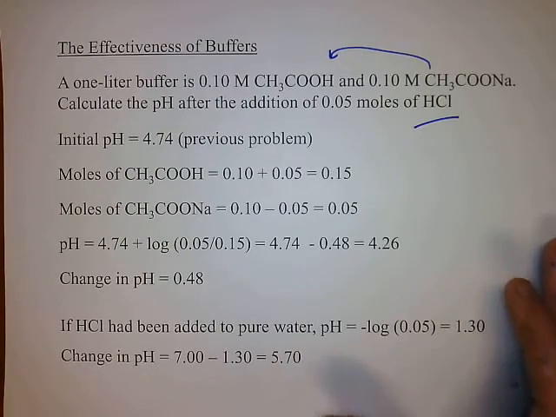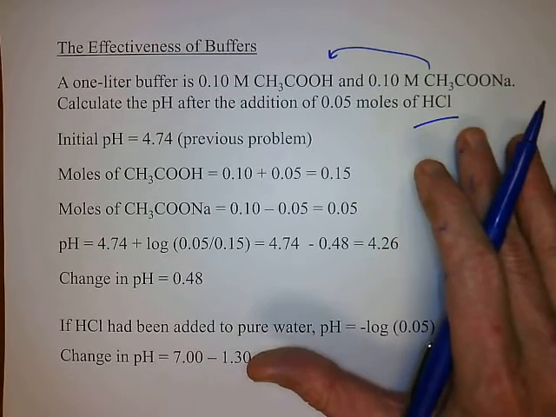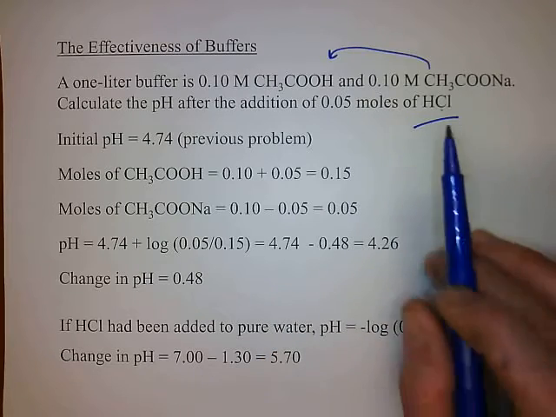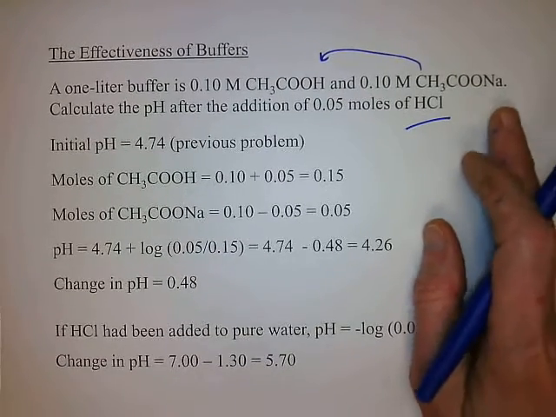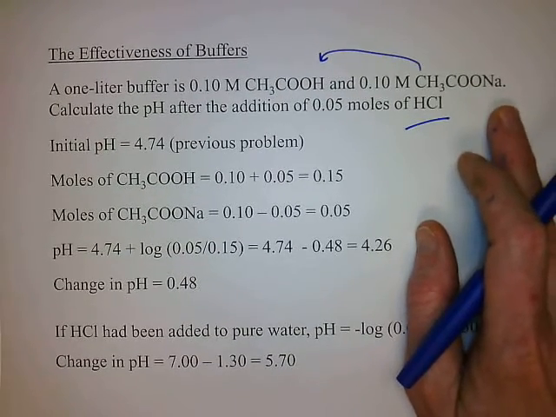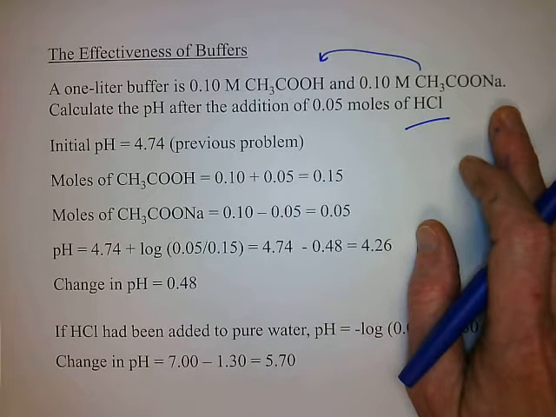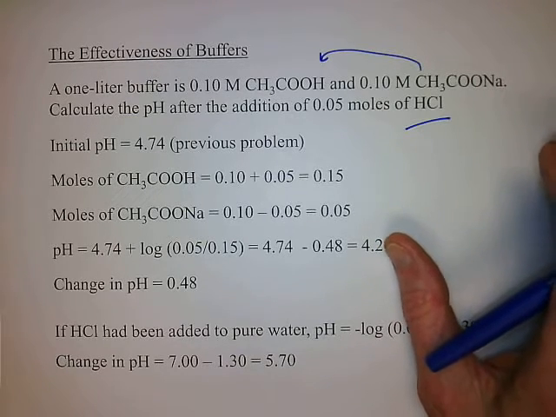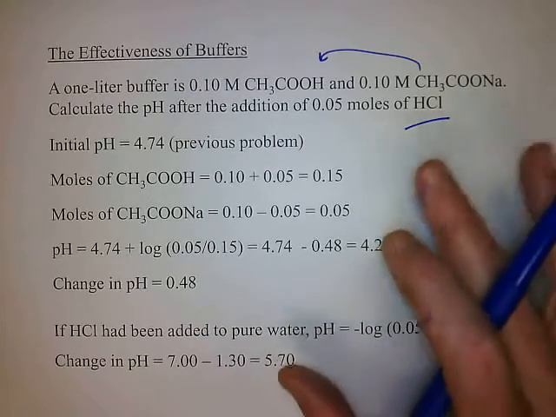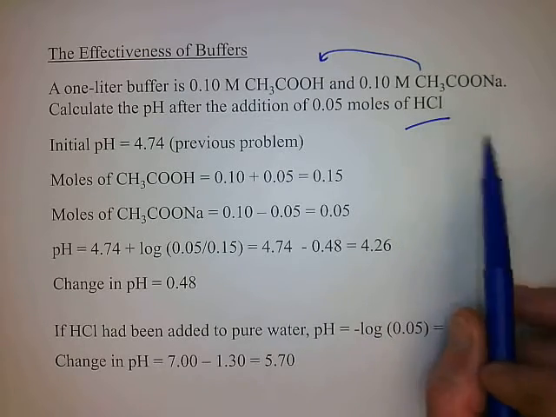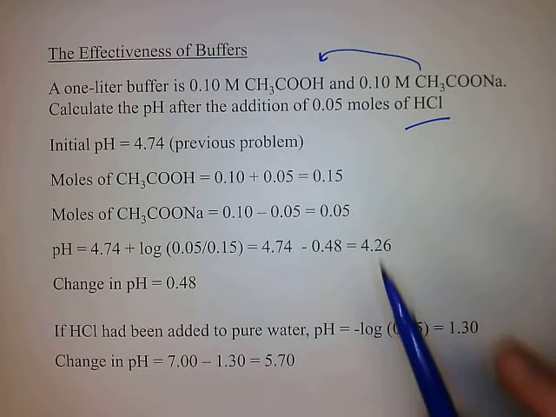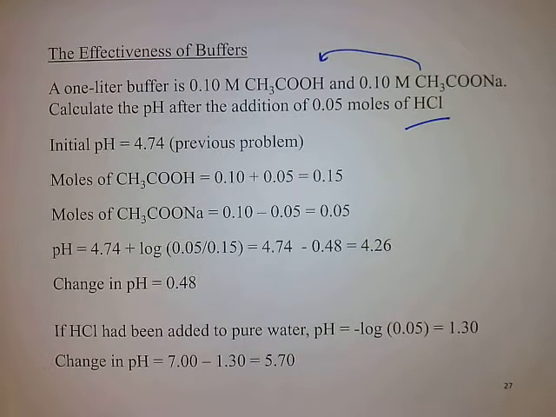So for example, eventually, if we kept adding HCl, obviously we didn't do that here, but if we kept adding HCl, eventually there would be no more acetate for it to react with, and then there would start to become bigger changes in the pH. So buffers can be overwhelmed, but typically the higher the concentrations of the two forms of the buffer, the greater will be your ability to resist changes in pH. And that's all I'm going to say about buffers.